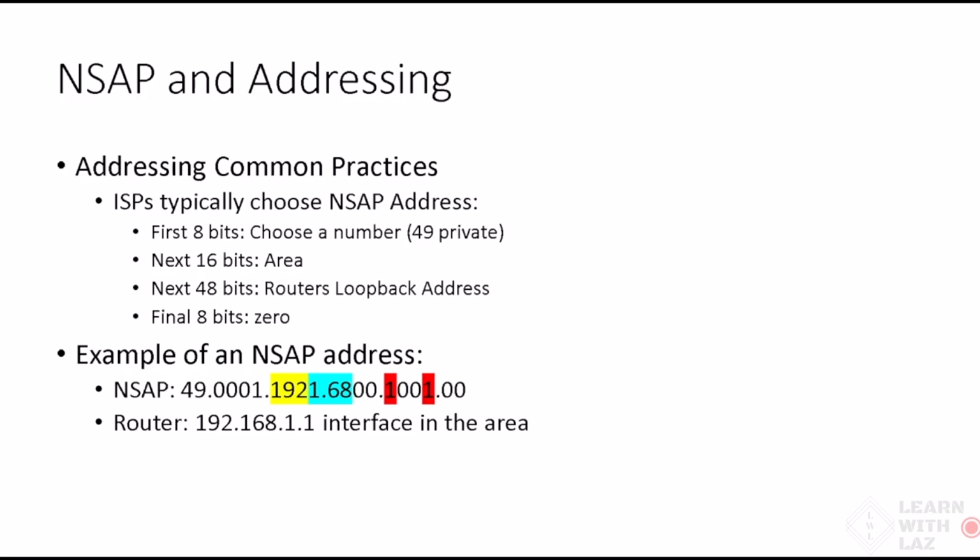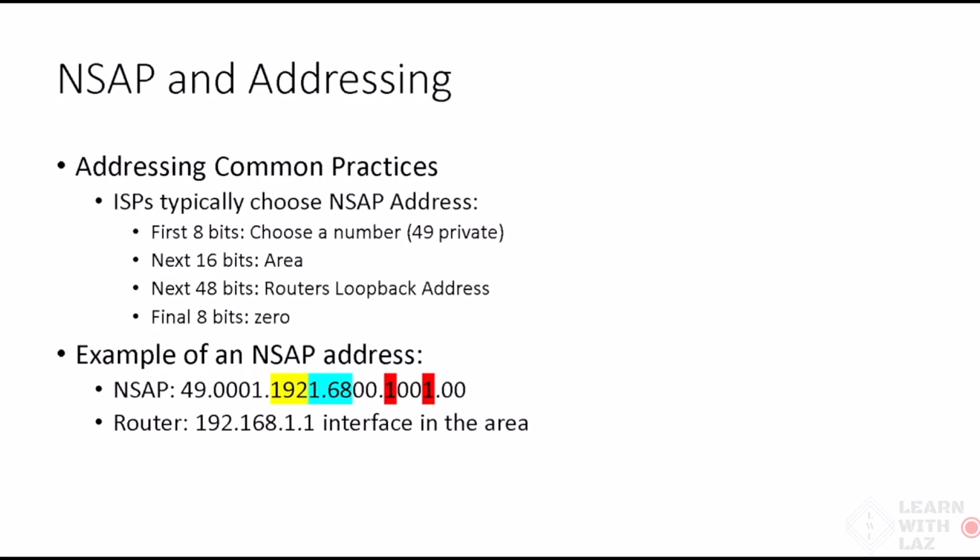And then the final 8 bits, which is the net selector, identifies itself. It's called the net selector, and it identifies itself. So you've got the first 8 bits, that's what's called the AFI.